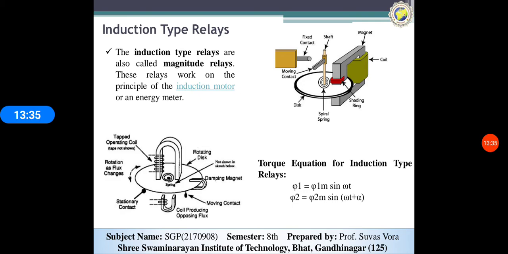In motors, the rotor rotates when a difference of angle is applied, meaning 120 degrees apart between the phases. In a similar way, the induction type relay works on these fundamentals. The upper and lower side coils and the magnet generate different and opposite forces. At that time the disc will rotate, because of the different torque.